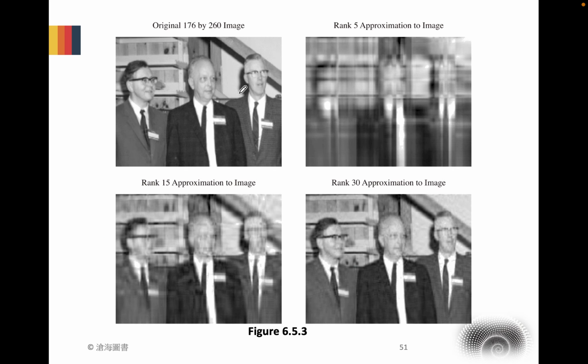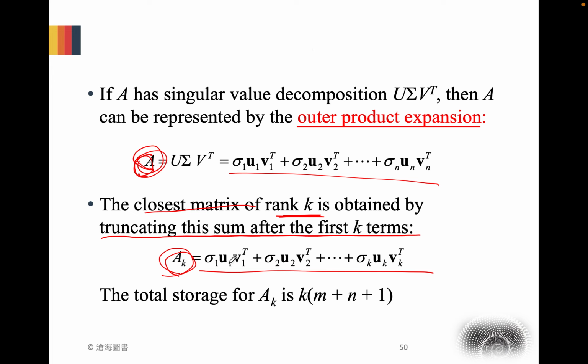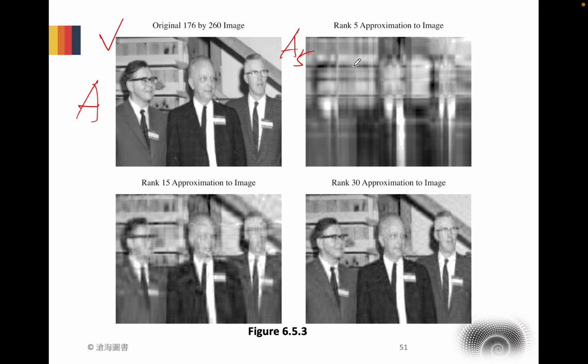So in digital images, this is the original image. We can store it as a matrix. If we approximate this original matrix A by A5, that means we just use the 5 largest singular values to approximate matrix A, then the image is looking like this.